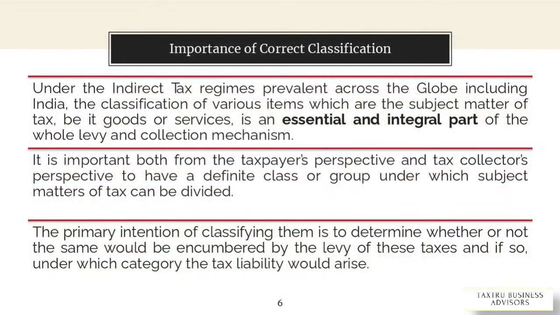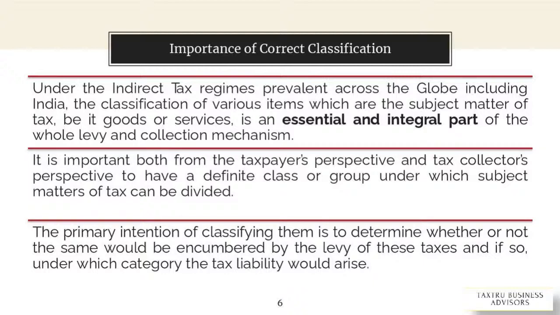So under the indirect tax regime prevalent across the globe, including India, the classification of various items which are the subject matter of tax, be it goods or services, is an essential and integral part of the whole levy and collection mechanism. Why do I say that? When we talk about taxation, we talk about how to charge it, how to collect it, how to levy it.